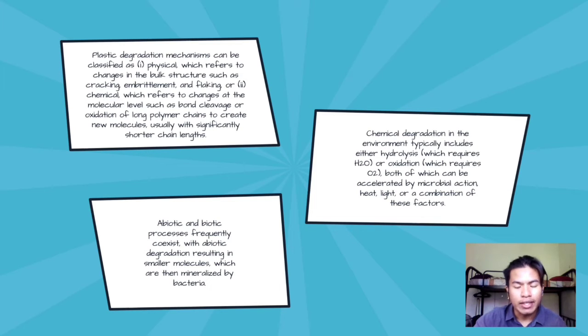Chemical degradation in the environment typically includes either hydrolysis, which requires H2O, or oxidation, which requires O2, both of which can be accelerated by microbial action, heat, light, or a combination of these factors. Abiotic and biotic processes frequently coexist, with abiotic degradation resulting in smaller molecules which are then mineralized by bacteria.